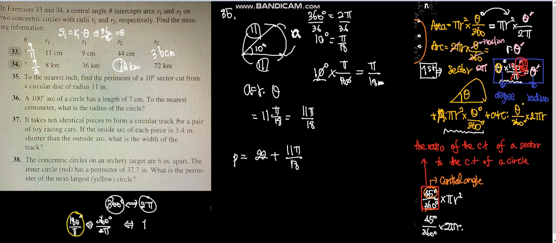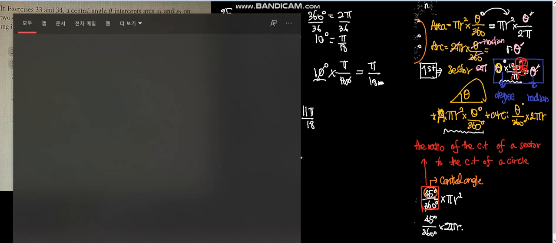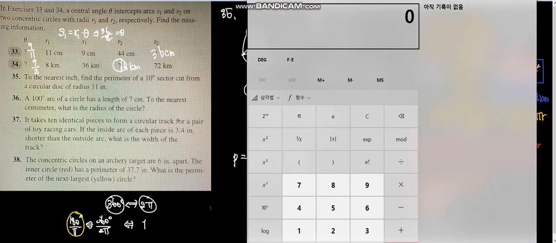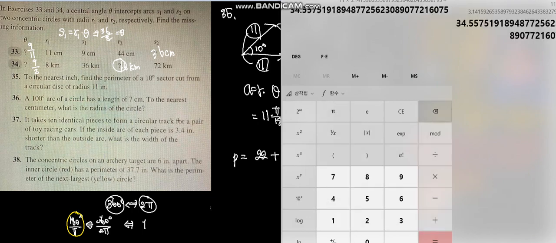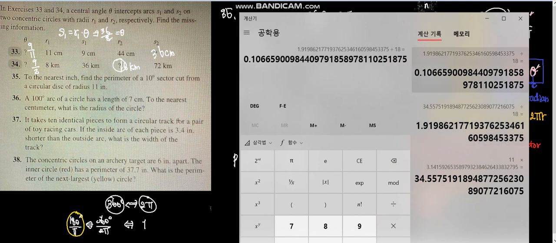I need the calculator one more time. 11 times pi divided by 18, then you get 1.919.